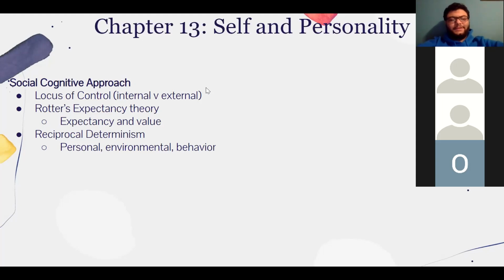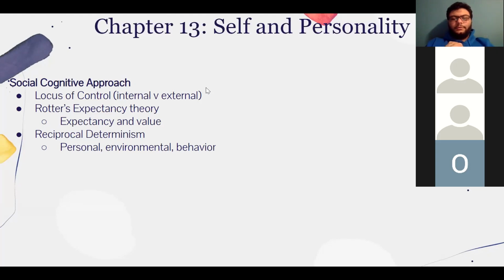I don't know if I'm explaining this correctly. It's how much value you put towards whatever's going on. So how much I value the grade in the class versus what I expect is going to lead to how much effort I put into it. Did that make sense? I don't think it did.